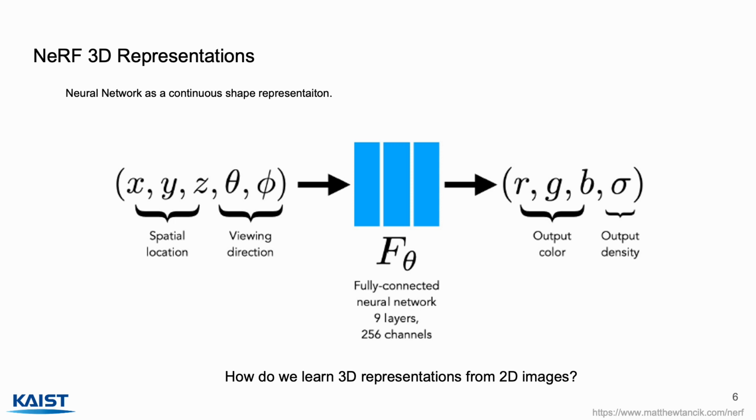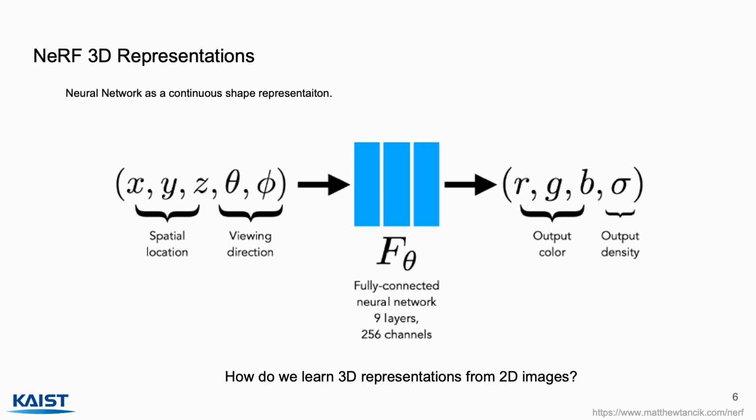Here we show NeRF's way of representation. This is basically an implicit function where we take a 5D input: 3 for spatial location, x, y, z, and 2 for viewing direction. Viewing direction means from which direction we are looking at the 3D space. Because we assume we know the camera extrinsics as input metadata, you can just think of this as given with the input images.